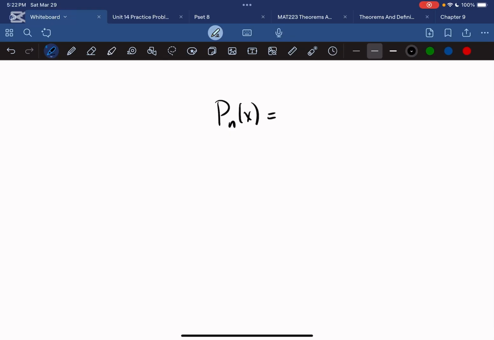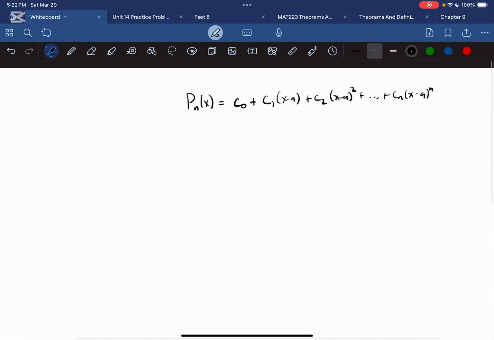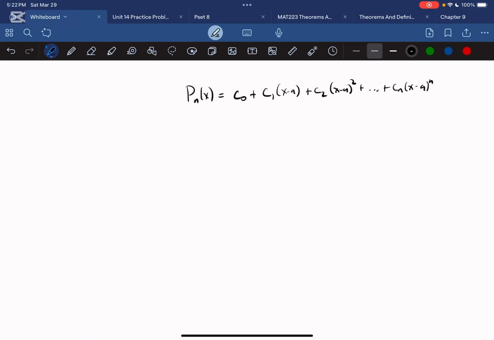Power series is something we can work with. So we can write it as, let's say, c0 plus c1(x minus a) plus c2(x minus a) squared plus blah, blah, blah, to cn(x minus a) to the n, okay? This is what we want.